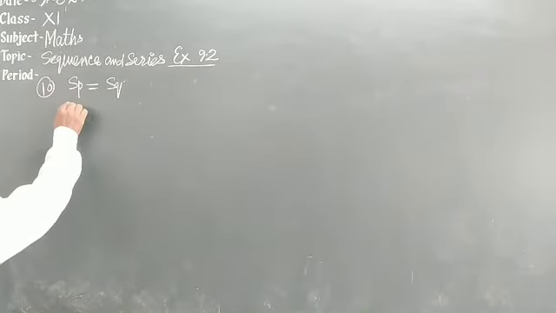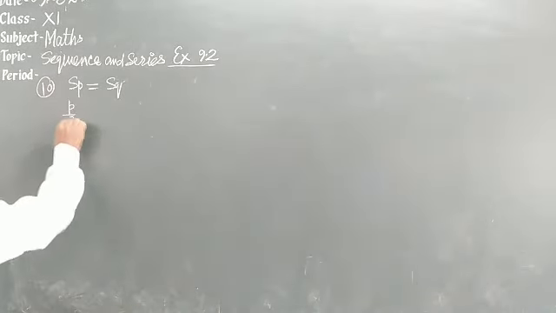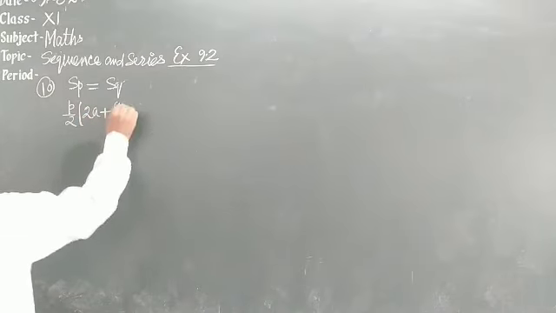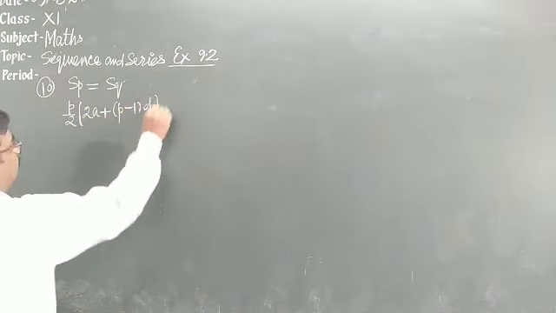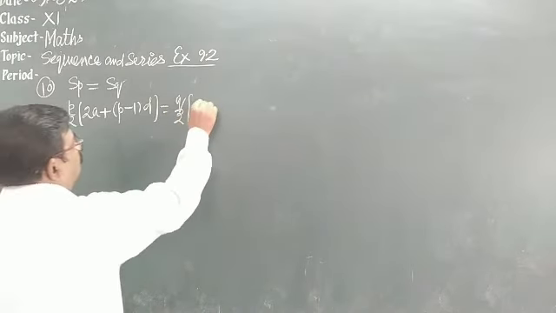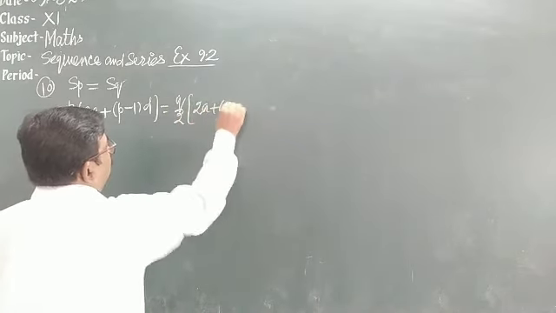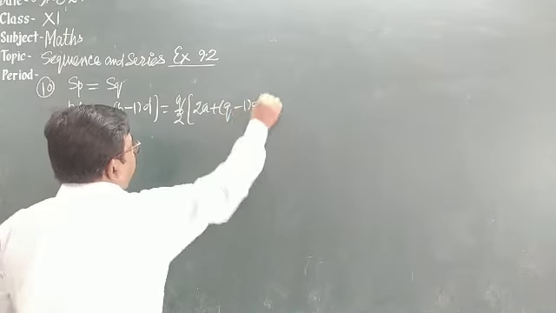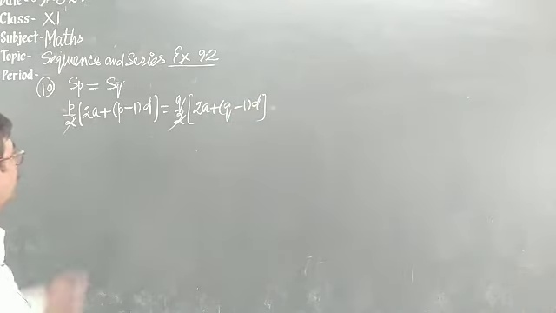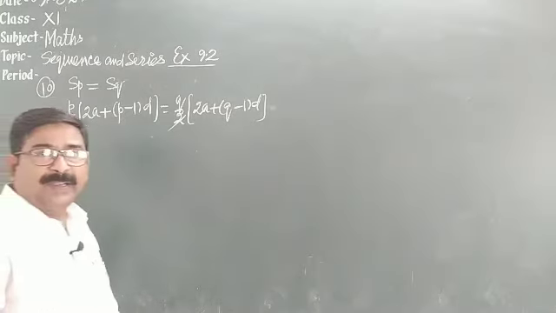Write their formula. We have P upon 2, 2A plus P minus 1 into D. This side Q by 2, we have 2A plus Q minus 1 into D. 2 and 2 will be cancelled. Multiply this P inside the bracket.